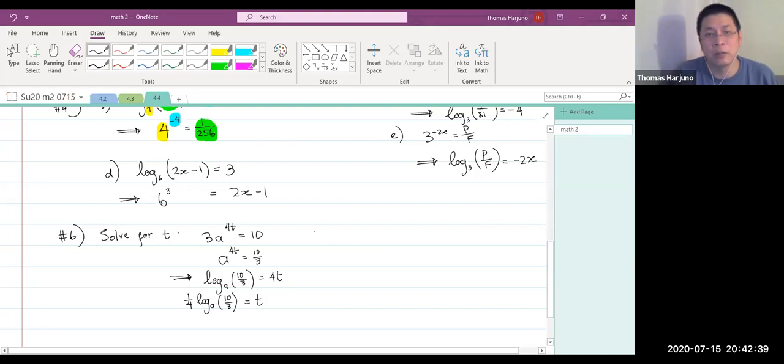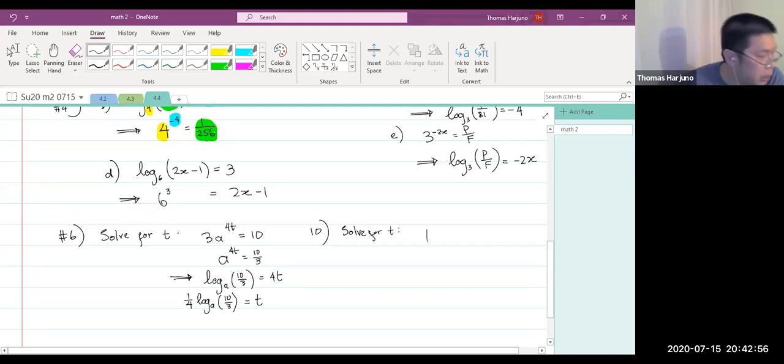How about number 10? That looks so nasty, but you will need to know how to undo order of operations. Solve for t again. L equals m a to the t over n, minus p.